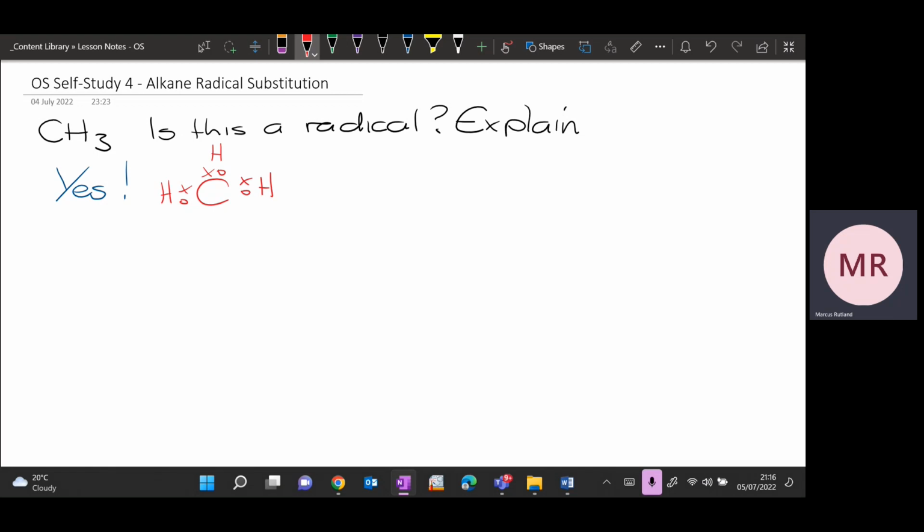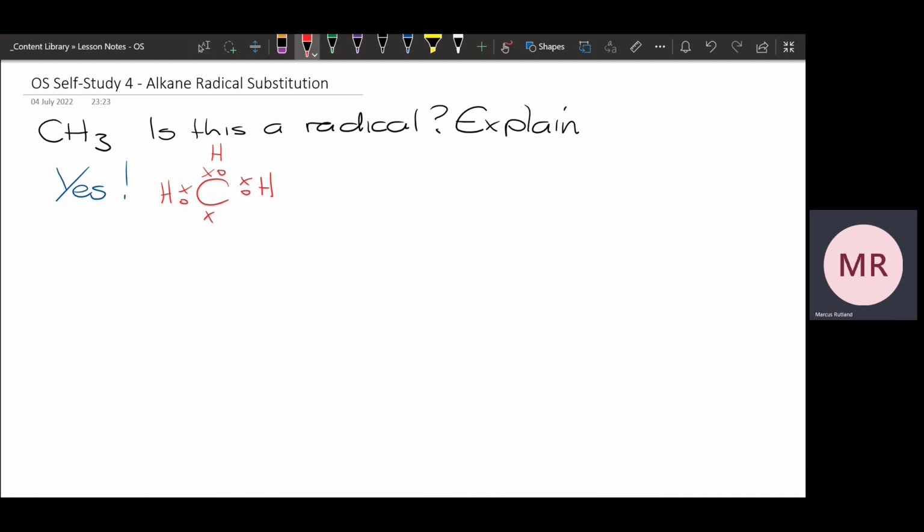At the moment, we've only drawn 3, so there's a 4th electron. Then you can just say, look, unpaired electron. Use the technical vocab. That is exactly what you call it, an unpaired electron.